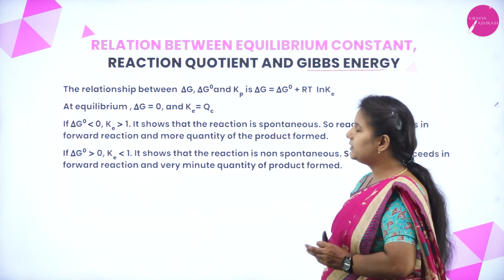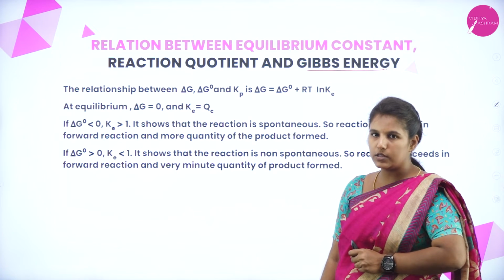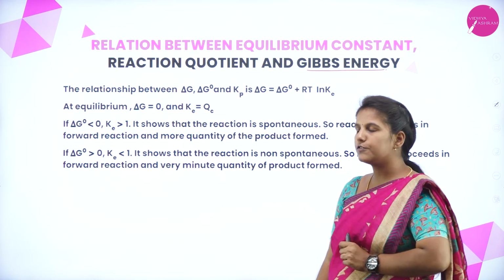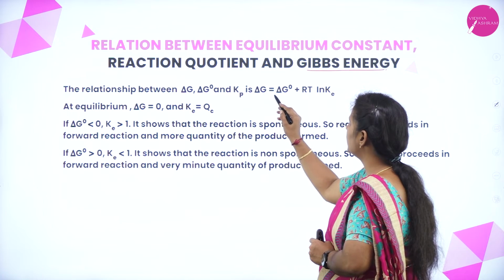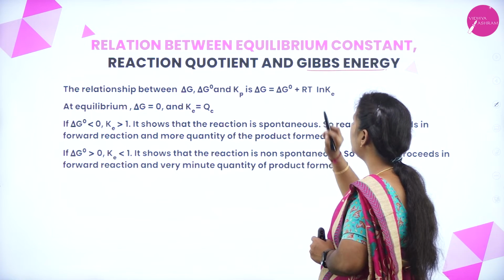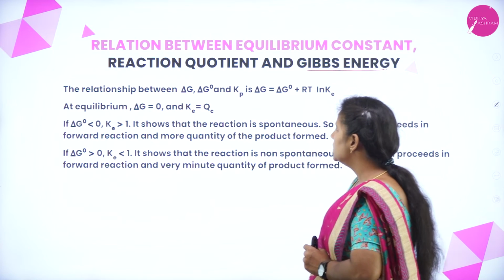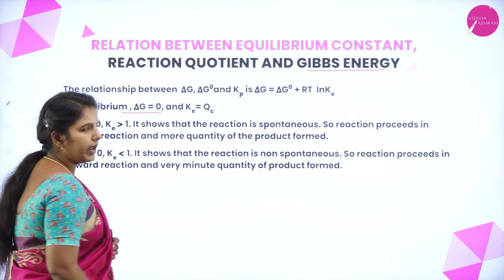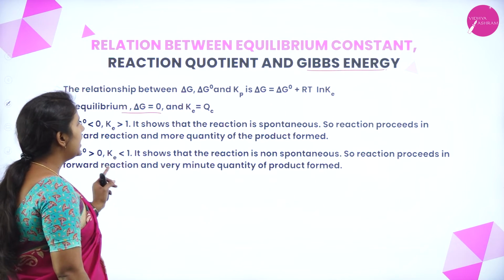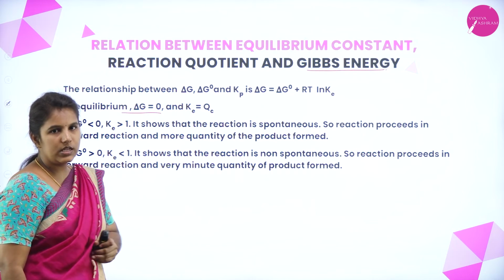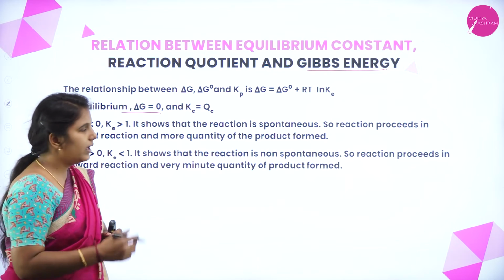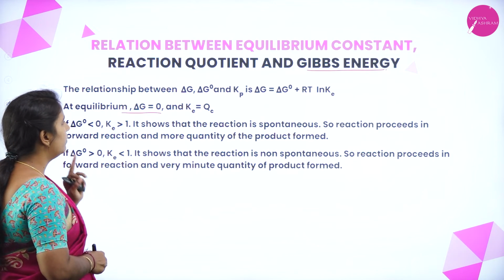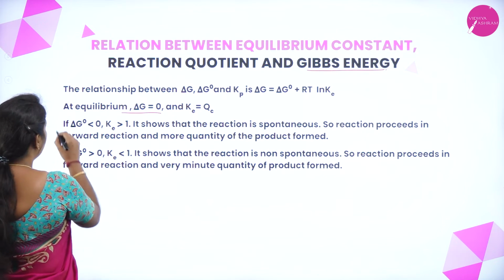So, how is it related to the equilibrium constant as well as the reaction quotient? We'll see now. We have the relationship delta G is equal to delta G naught plus RT ln Qc. So, at equilibrium, delta G will be equal to what? 0. Then the Kc value will become what? Qc.